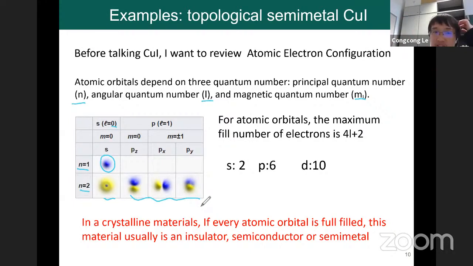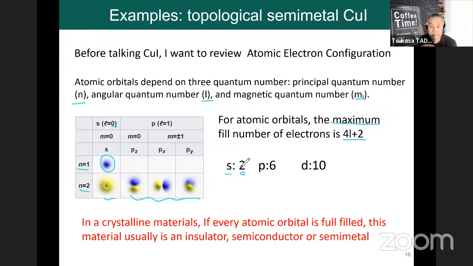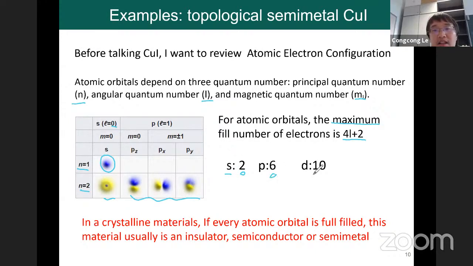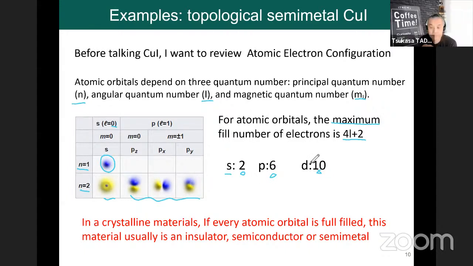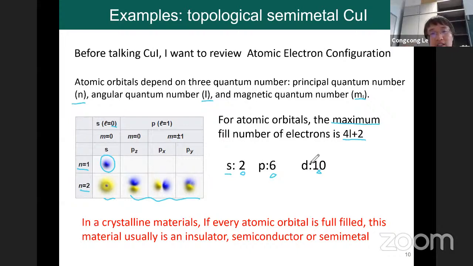Also, for every atomic orbital, the maximum filled number of electrons is 4L plus 2. It means the s orbital can have 2 electrons, the p orbital 6 electrons, and the d orbital 10 electrons. If in a crystalline material every atomic orbital is fulfilled, this material is usually an insulator, semimetal or semiconductor.